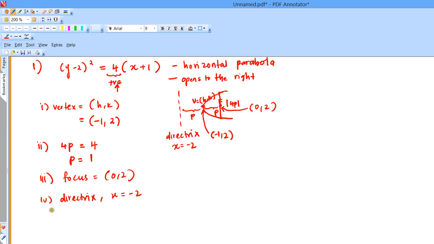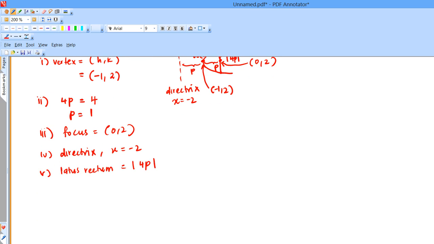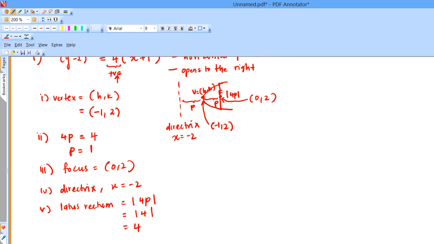And then number 5, latus rectum. Our latus rectum is based on the formula modulus 4p. We have p equal to 1, so modulus 4 equal to 4. So we know that the length of this straight line is equal to 4 units.